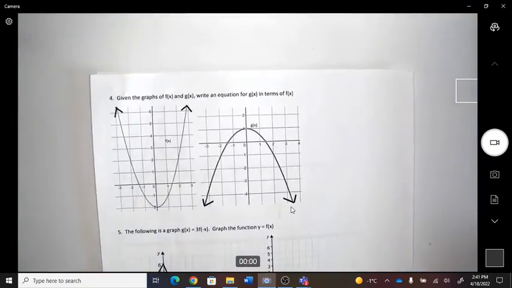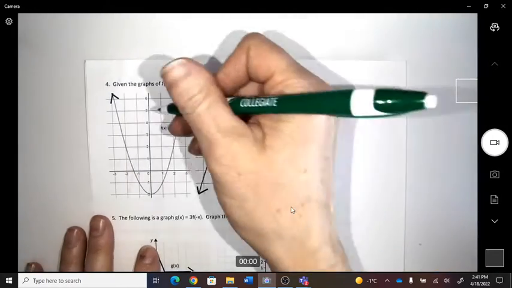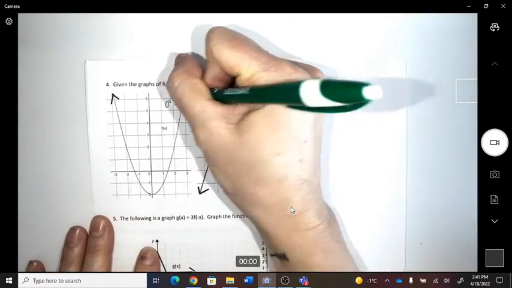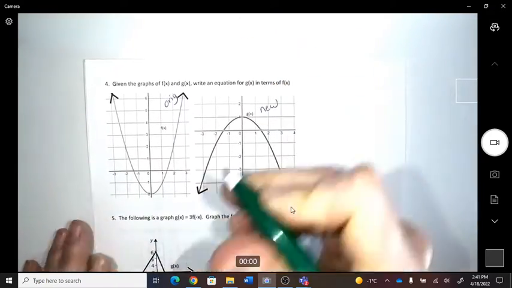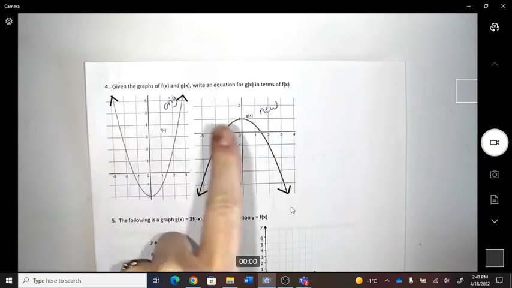Given the graphs of f of x and g of x, write an equation for g of x in terms of f of x. So this is my original and g of x is my new. Okay, so tell me what your first instinct is. What did you do from this original to get to the new?